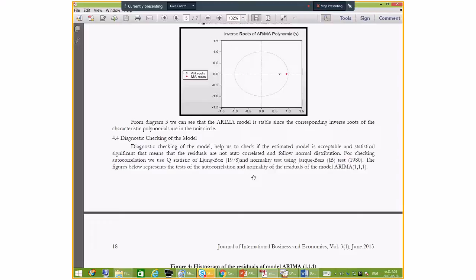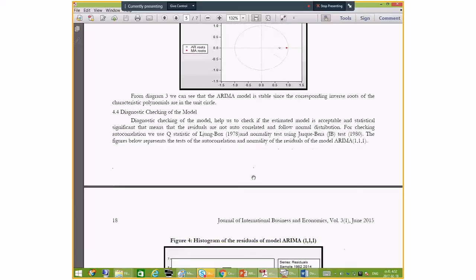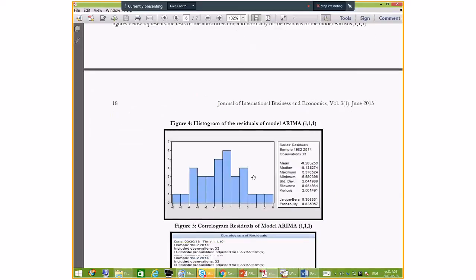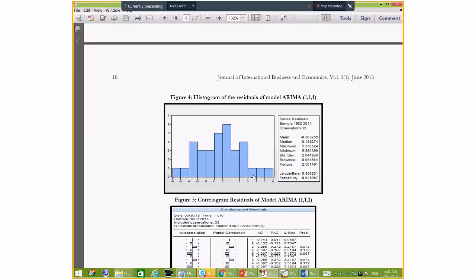That means checking that our residuals are not autocorrelated and follow the normal distribution. For checking the autocorrelations, we use Q statistics, and for the normality test, we use the Jarque-Bera test. The results show the histogram of the residuals and the Jarque-Bera statistics.